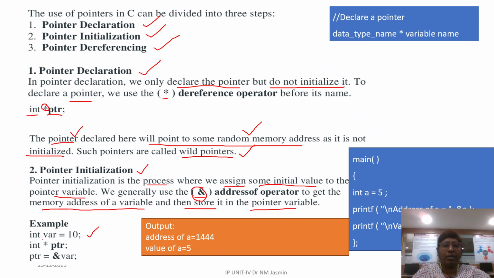Here int is the data type, and var is a variable to which we have assigned 10 as a value. At the time of declaration, we take the data type, the dereferencing operator and the pointer name, and in the pointer we store the variable's address, which is obtained with the address-of operator. So the pointer holds the address of the variable whose value is 10.